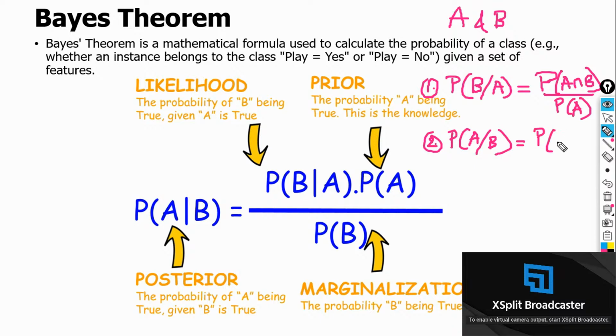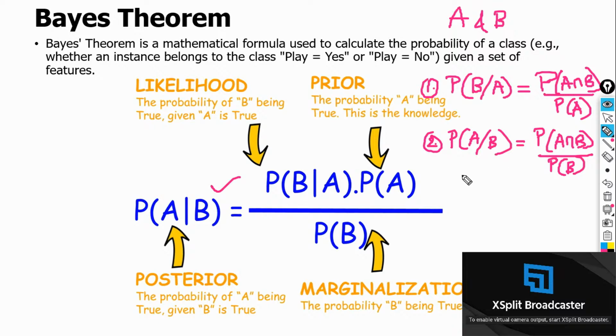My formula will be P of A and B divided by P of B. Am I right or wrong? So using these two formulas, can I derive it? Yes, obviously. How? Why don't you equate these two?